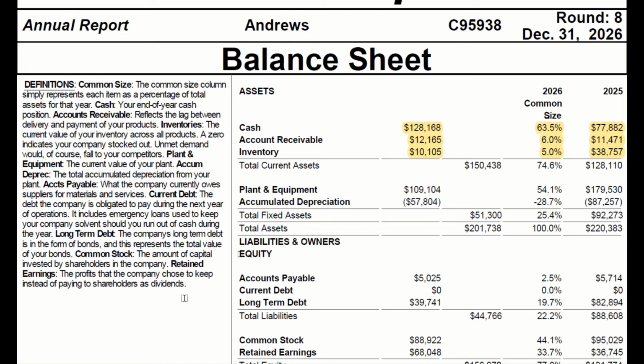We also want to take a look at this information on the liability side, where we want to deal with, in this case, payables, current debt, and long-term debt. Again, because we have 128 million in cash, obviously current debt is zero, which is relatively acceptable. Payables is feasible, and long-term debt is a reasonably good percentage.